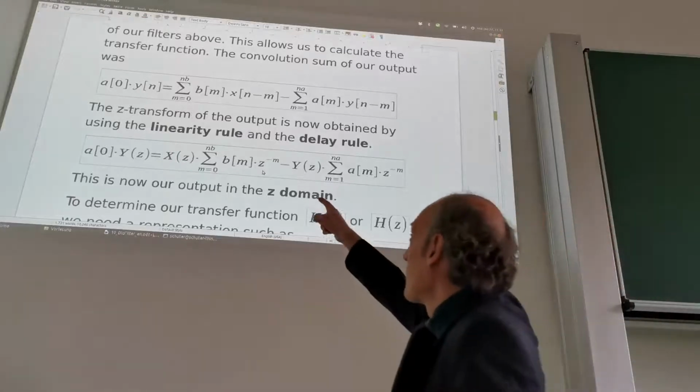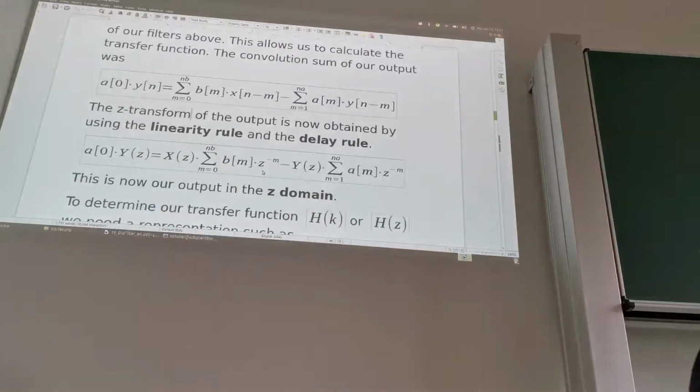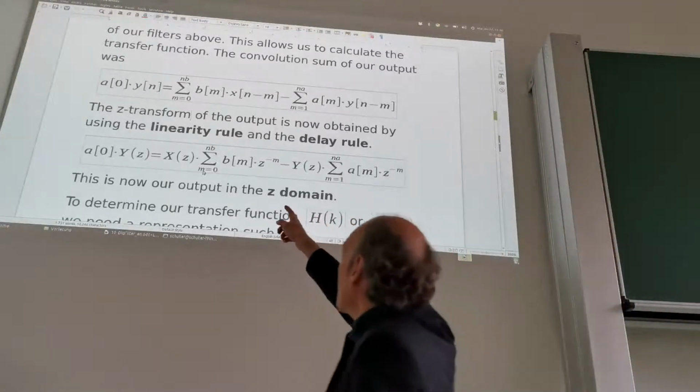Instead of having the signal in the sum, now we simply have those coefficients b times z to the minus m. And you can see that this sum here is totally independent of the signal. It's only a property of our filter, of the filter coefficients. There's no x in the sum anymore.